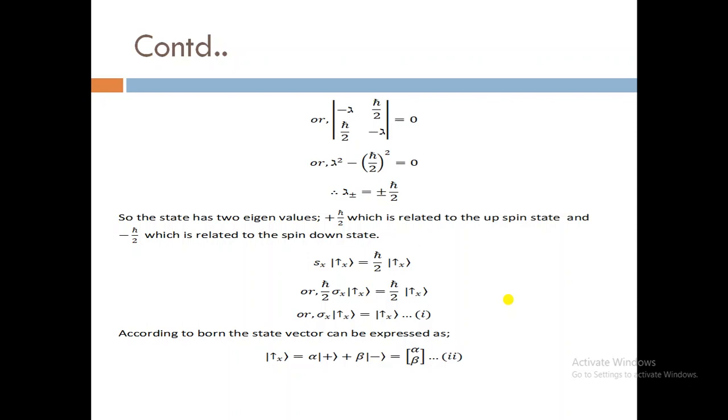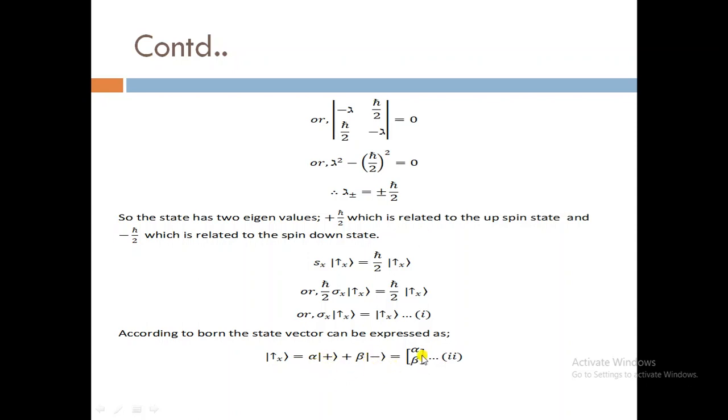So Pauli assumed that the spin up state along x direction also equals a linear combination or superposition of the up and down states. So here we put the value of |↑x⟩ equal to alpha |+⟩ plus beta |−⟩, where |+⟩ equals (1 0) and |−⟩ equals (0 1).